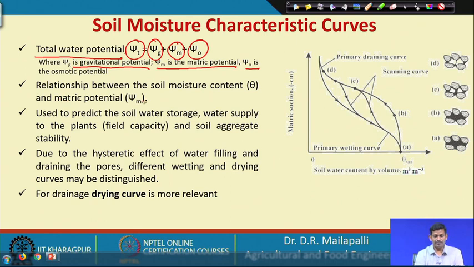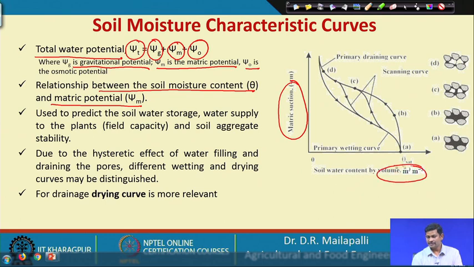And the relationship between the soil moisture theta and matric potential psi m is the soil moisture characteristic curve. This is the suction, and this is the theta. Initially the water is saturated, so that is at the maximum water content. Then if you remove water, let us say point B, it comes to this point, so that means less water and corresponding pressure.